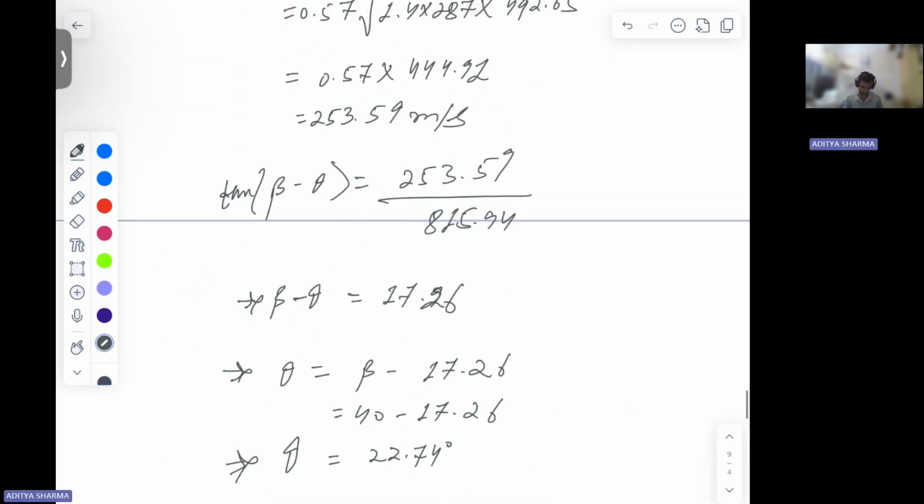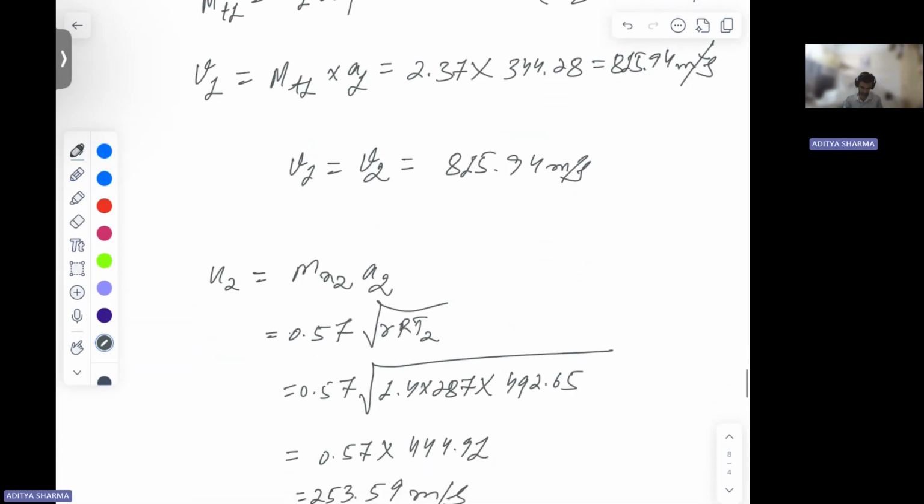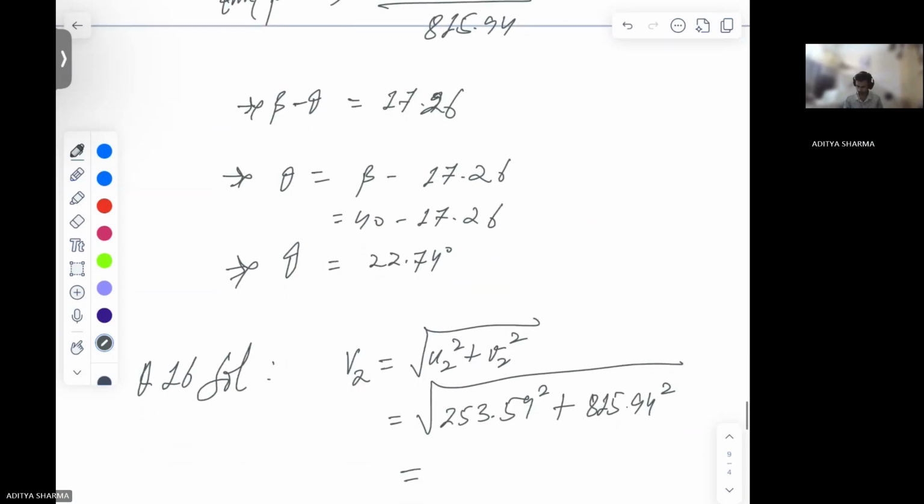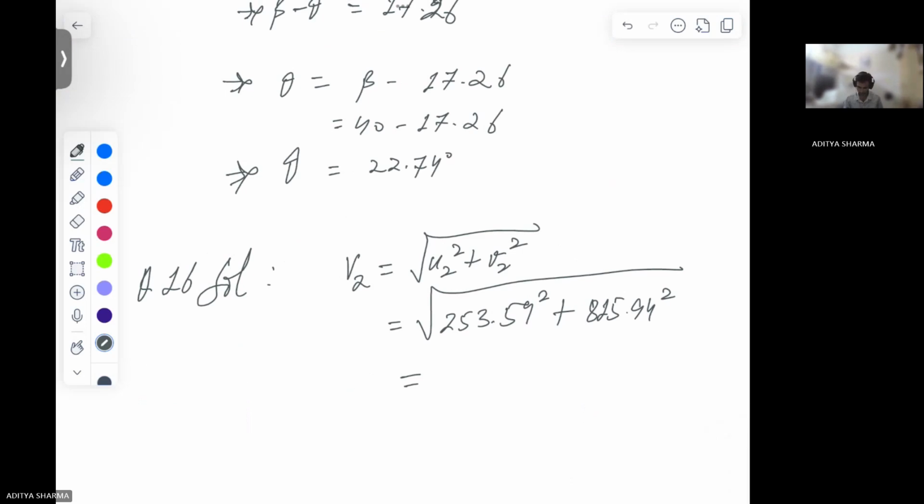Yes, 815.94. So this comes out to be 854.43 meters per second.